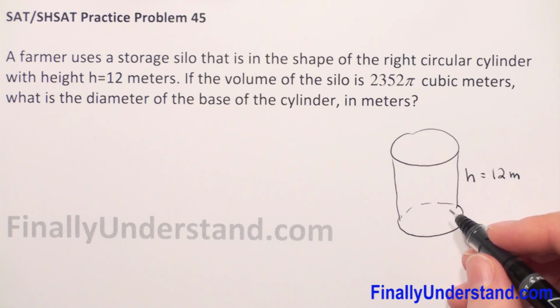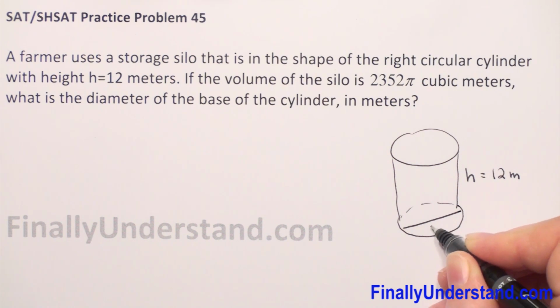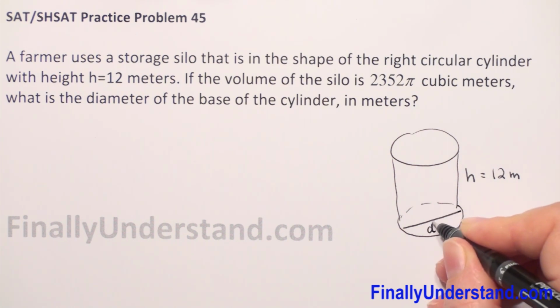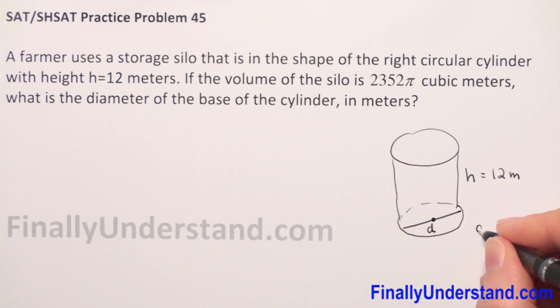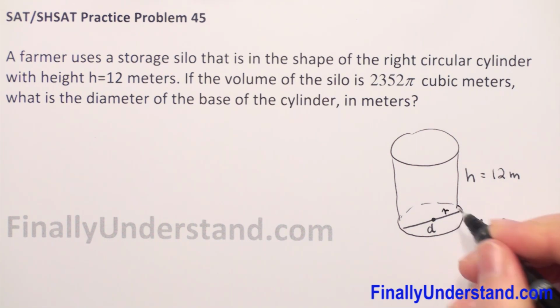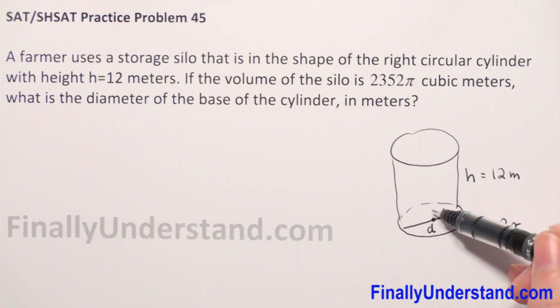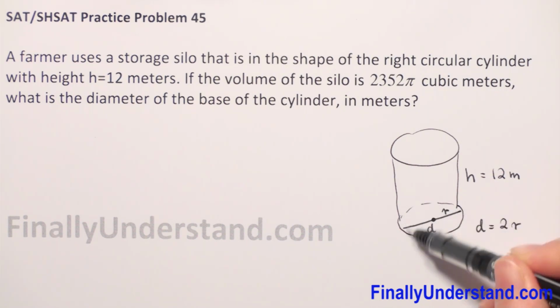We need to find the diameter. This is the diameter, we can write this as D. And we know that D is equal to 2R, where R is the radius of the base of our cylinder. The base of our cylinder is a circle.